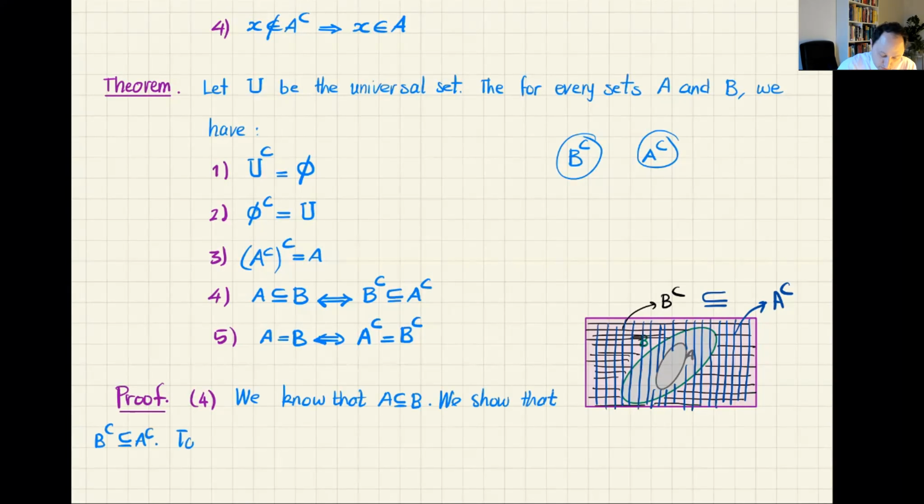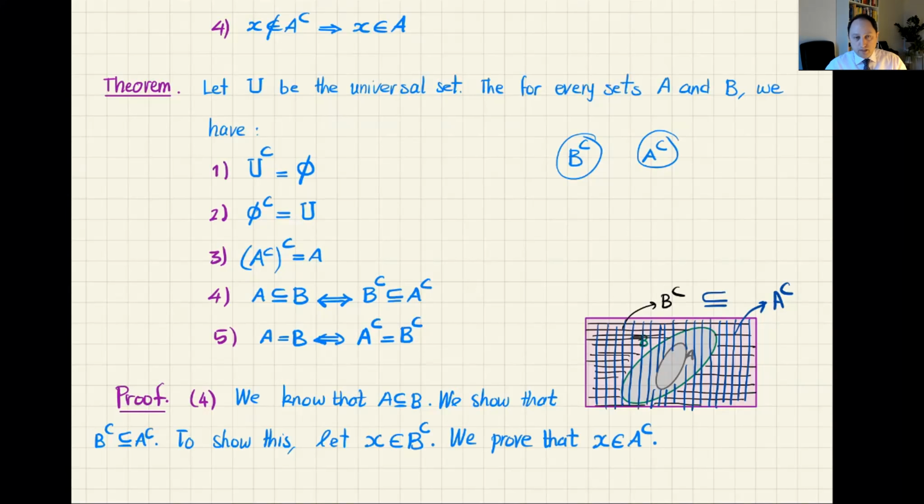To show this, let X be an element in B complement. We prove that X belongs to A complement. You don't need to write it down, but this is the way that you need to think about it. Or if you want, you can write it down as well.